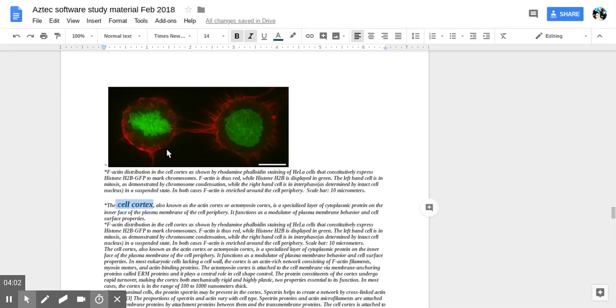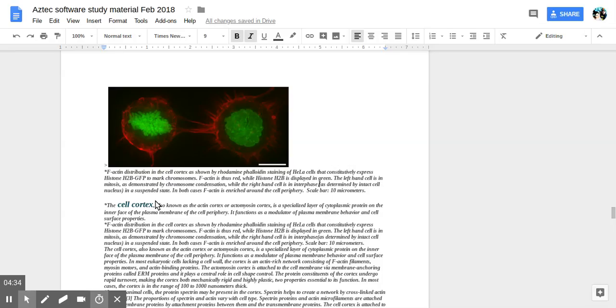The left-hand cell is in mitosis, as demonstrated by chromosome condensation, while the right-hand cell is in interphase, as determined by intact cell nucleus in a suspended state. In both cases, F-actin is enriched around the cell periphery.